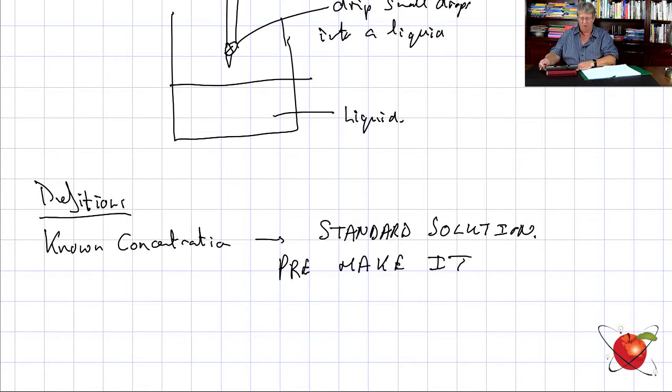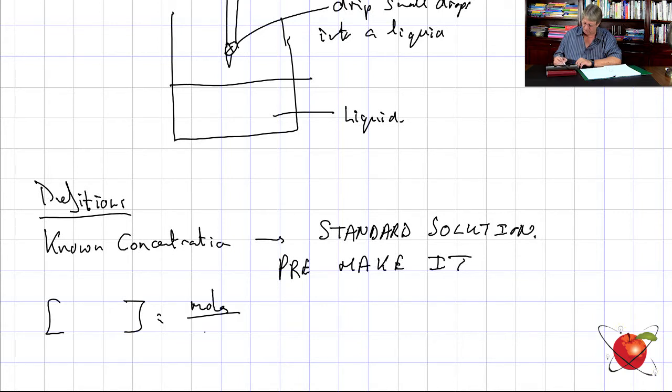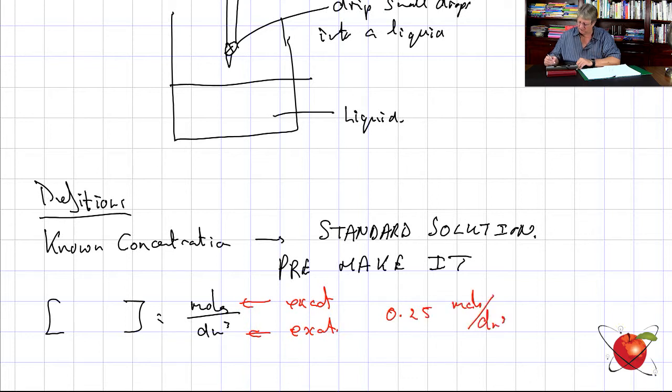How? Well, you can use an acid or you can use a base. What is a standard solution? Known concentration. In other words, the concentration is the number of moles per decimeter cubed. Therefore, you know exact moles and exact volumes. Therefore, you can create 0.25 moles per decimeter cubed.